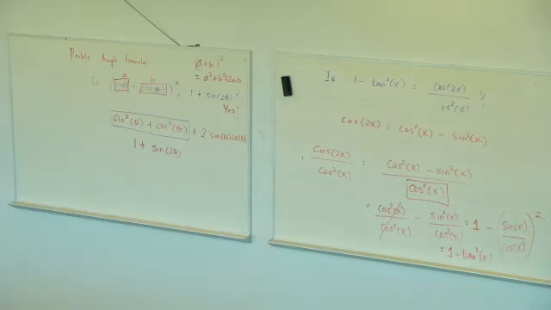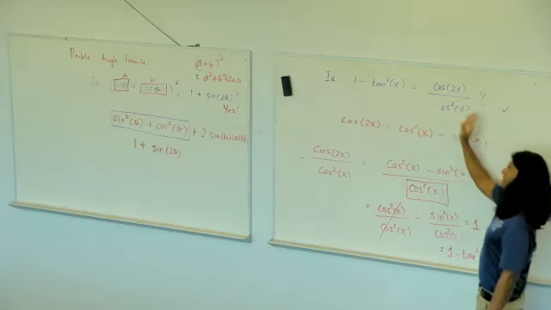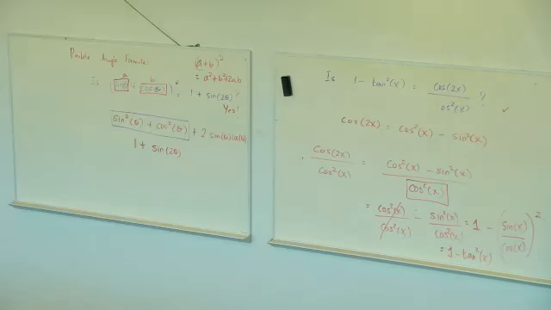It's not tangent x squared, it's tangent squared x. Does that match up with the left hand side? Yes. You could start on the left hand side and show that it matches up with the right hand side. I personally think that this is better.